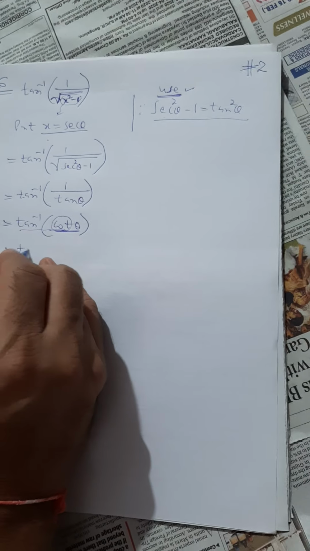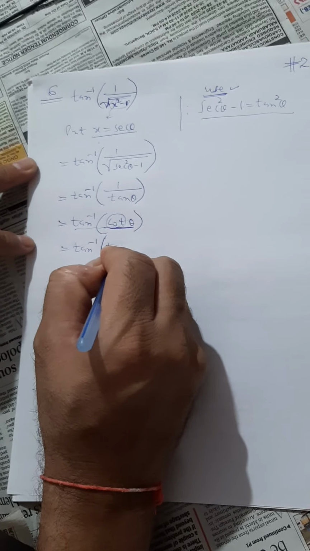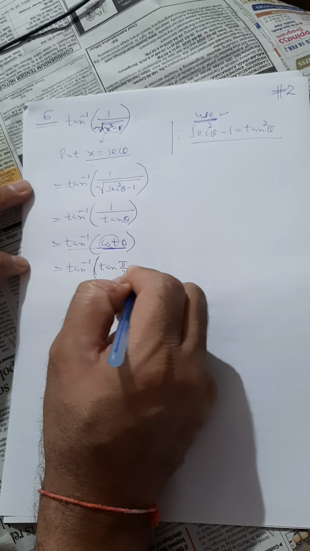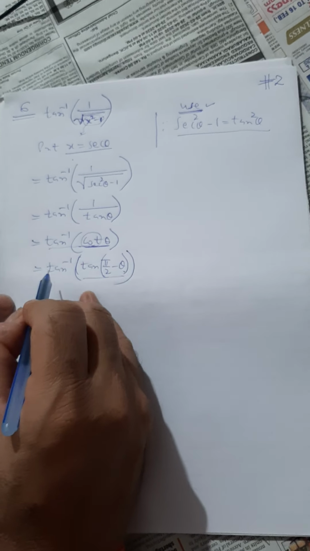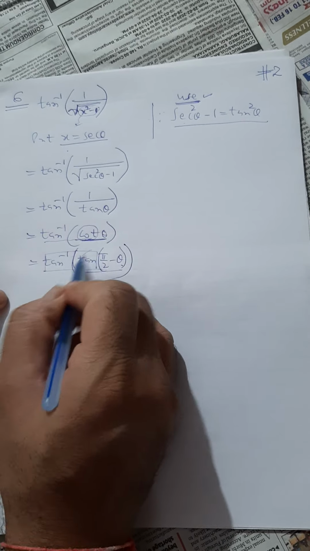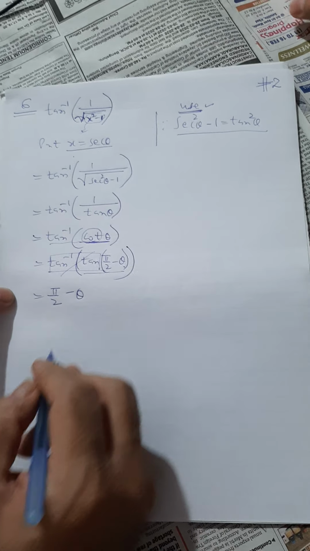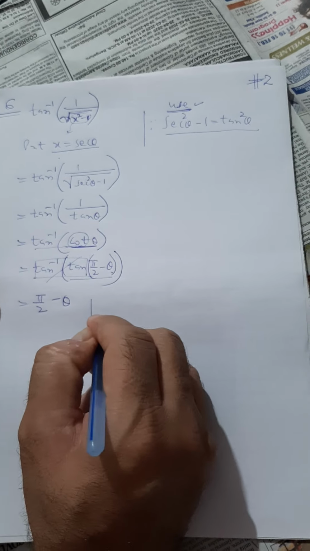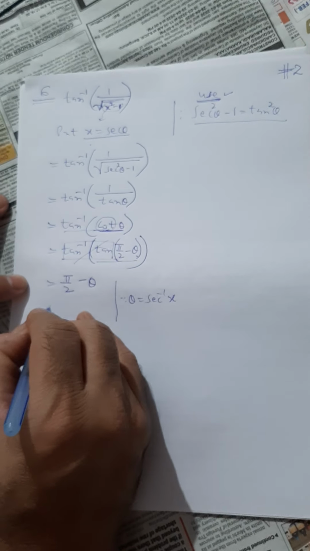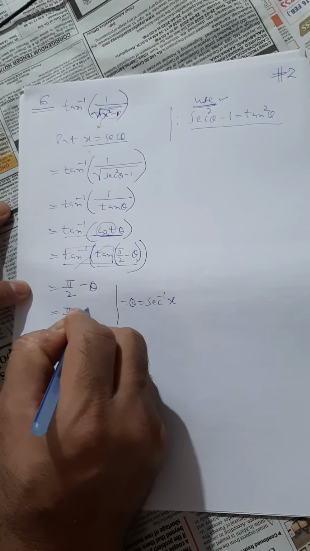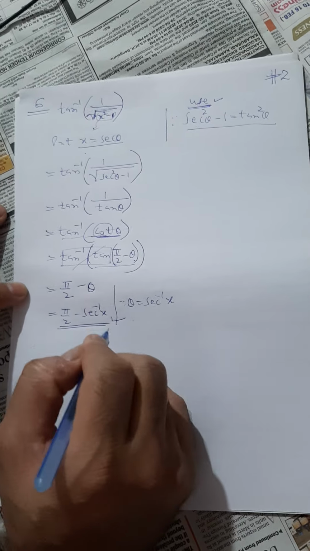So I can rewrite as tan inverse tan of pi by 2 minus theta. You know this: tan of pi by 2 minus theta is cot theta. Now this tan inverse tan will get cancelled here. So this is just pi by 2 minus theta. And here theta will be sec inverse x. So therefore this is pi by 2 minus sec inverse x. This is the simplified form.